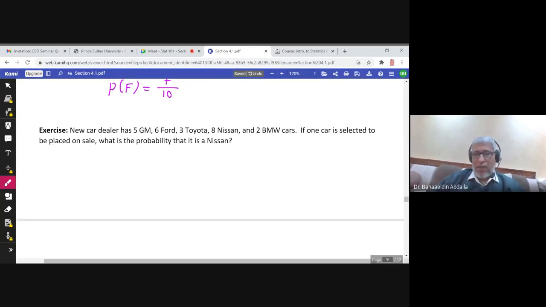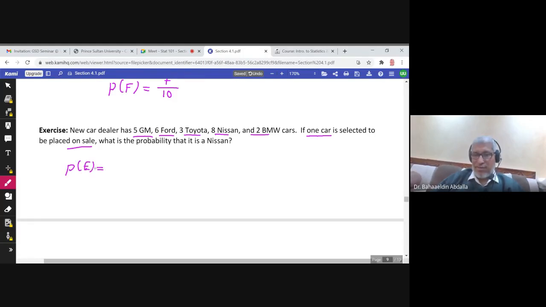A new car dealer has 5 GM, 6 Ford, 3 Toyota, 8 Nissan, and 2 BMW cars. If one car is selected to be placed on sale, what is the probability that it is a Nissan? So this is the event: one car is selected to be placed on sale. Let me call it E. The question: what is the probability of this event?